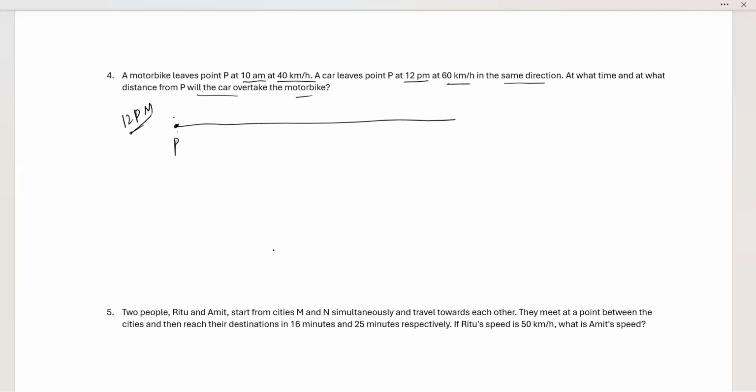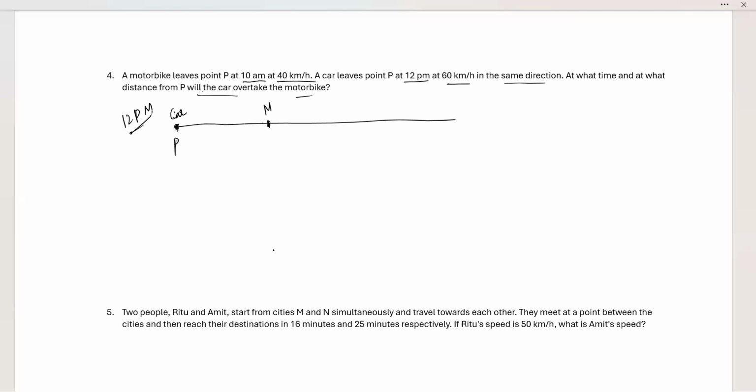So the car would be here, right? And since motorbike जो पहले 2 घंटे पहले चल चुकी थी at 10 a.m., it would have an advantage. It would have traveled some distance. It would be ahead of this car. So let's say it is at this point.